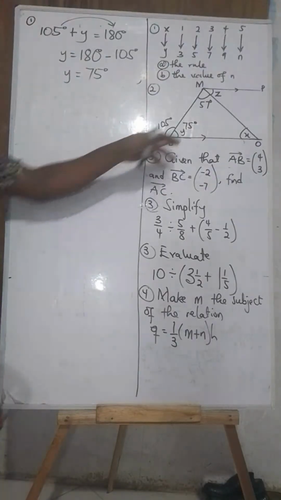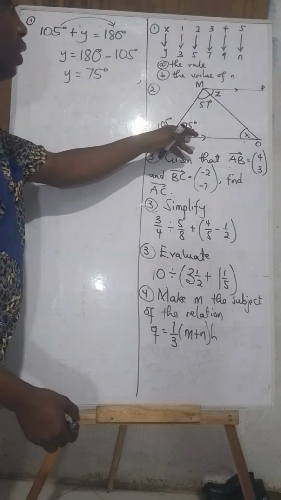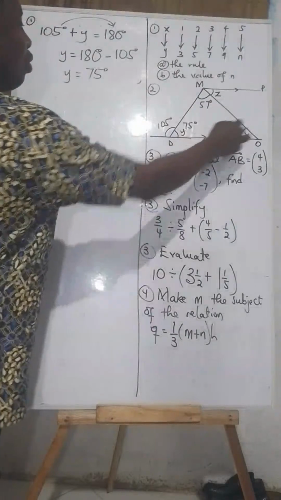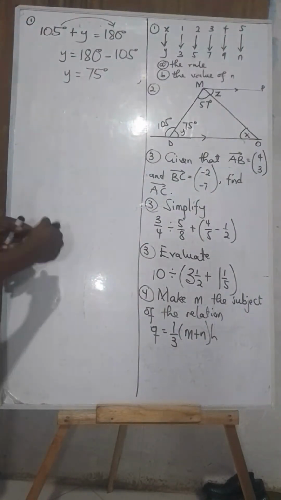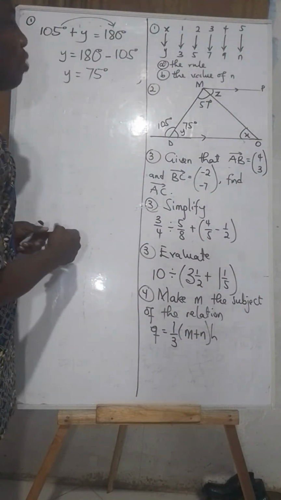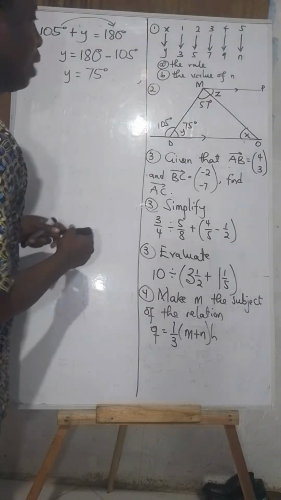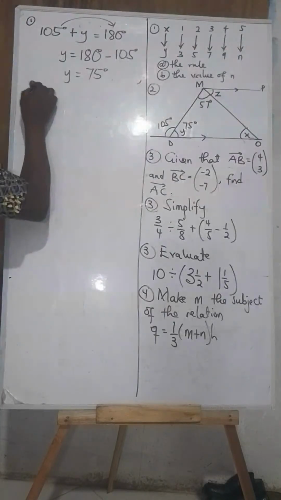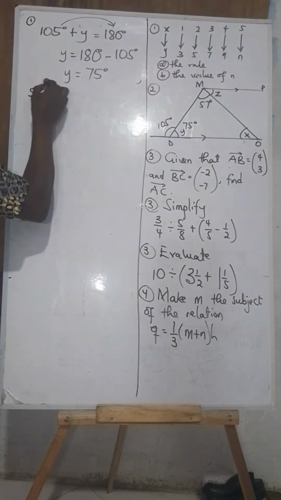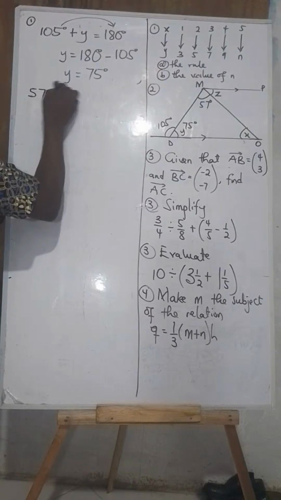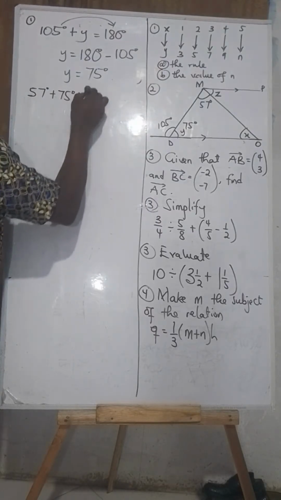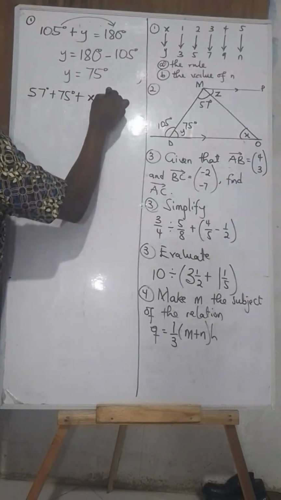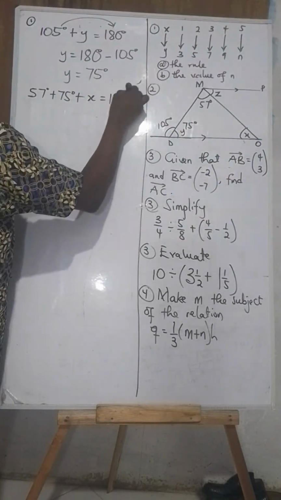If here is 75 degrees, then we can use sum of angles in a triangle to solve for x. So we have 57 plus 75 degrees plus x equal to 180 degrees.